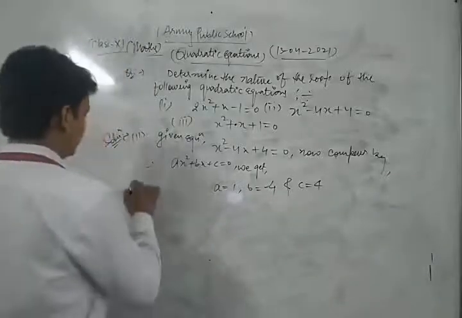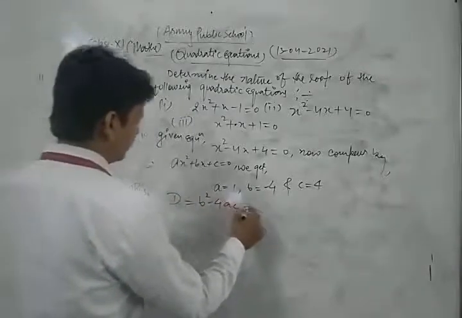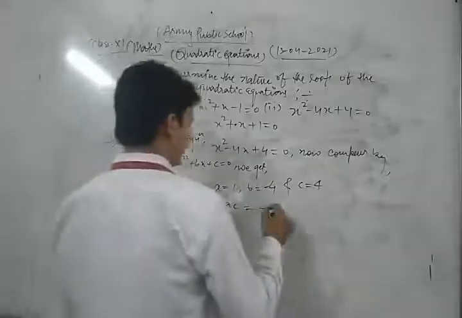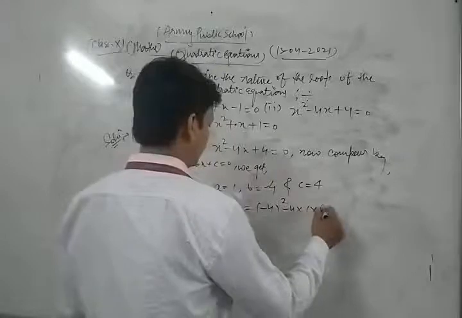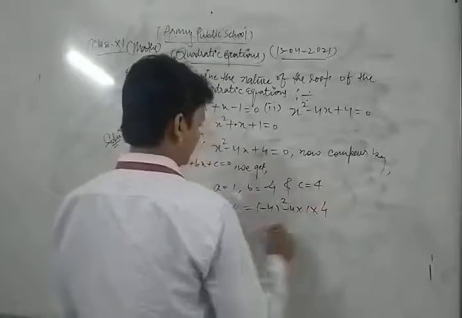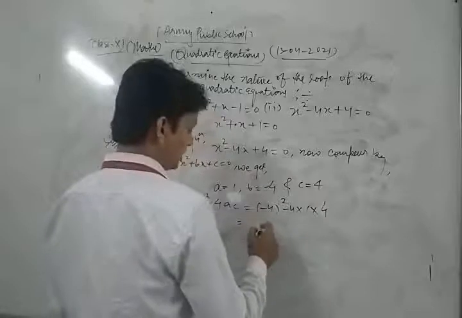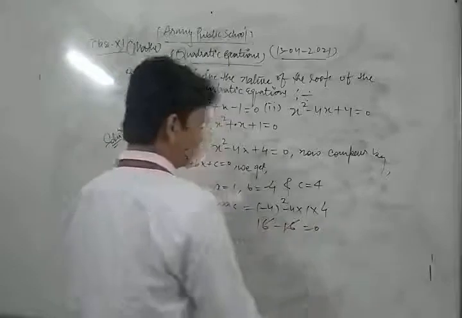Thus now we discuss the nature of the roots. Its discriminant D is b square minus 4ac. Now we put the values. b is minus 4 square, minus 4 into a is 1, c is 4. So minus 4 square is 16, minus 4 into 4 is 16, 16 minus 16. Now these cancel each other.